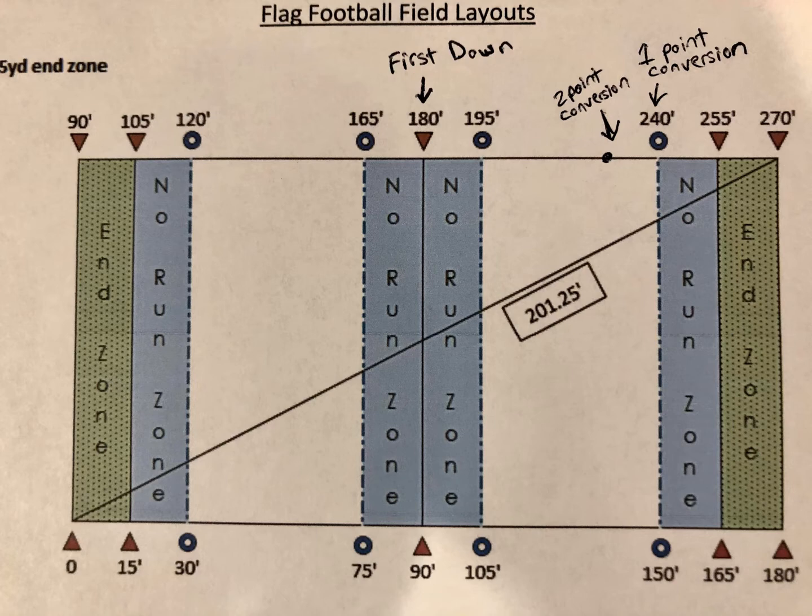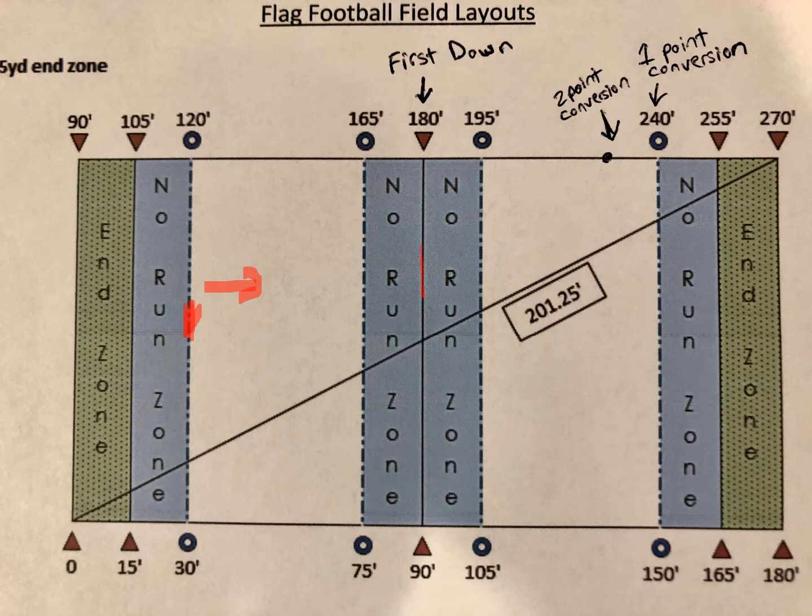The offensive team takes possession of the ball at its own 5-yard line. If they're going this way, they will take the ball here and have 4 downs to get to the first down marker.